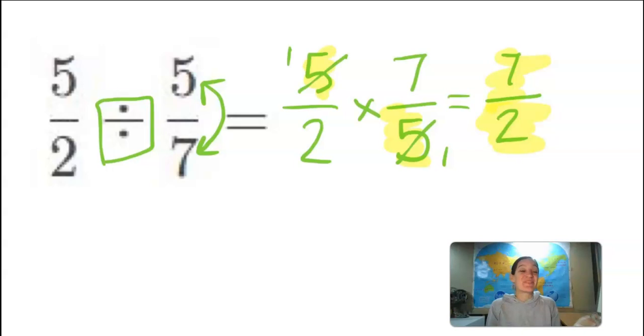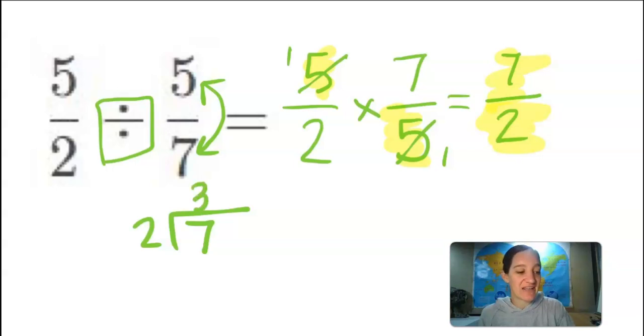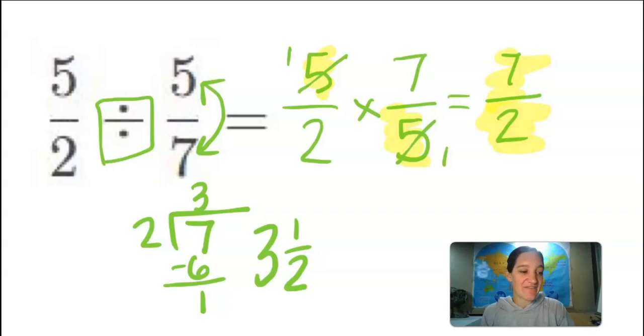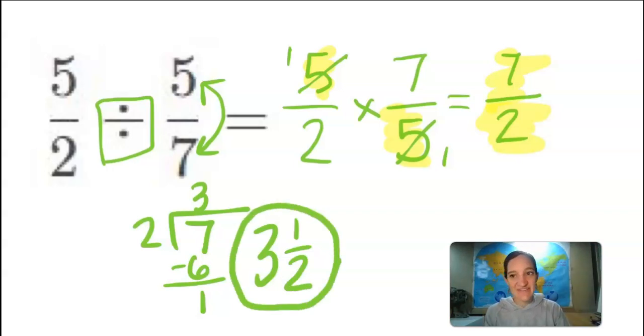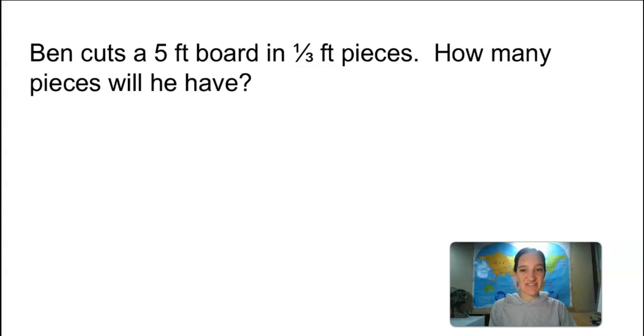It's a lot heavier. So we're not going to leave fractions that way. We're going to flip it over and we are going to divide. And that will give us our final answer. 3 and 1/2 is much prettier than 7/2. So that is your first example of keep, change, flip in order to divide fractions.